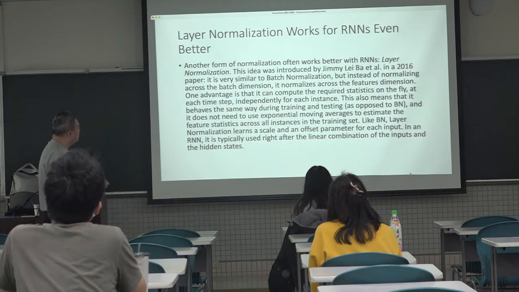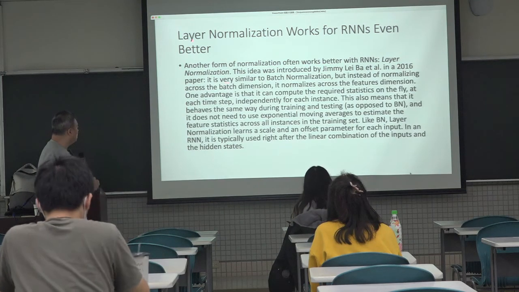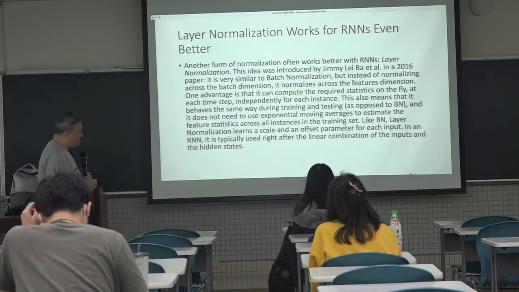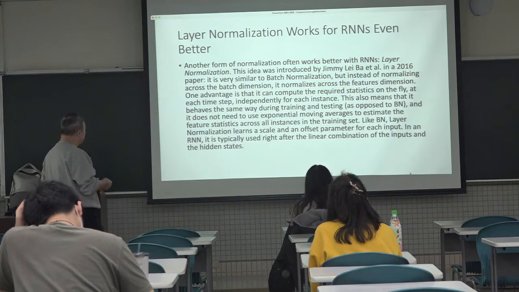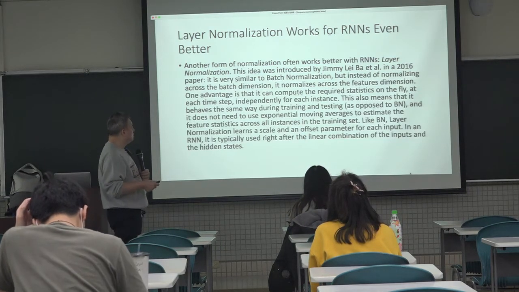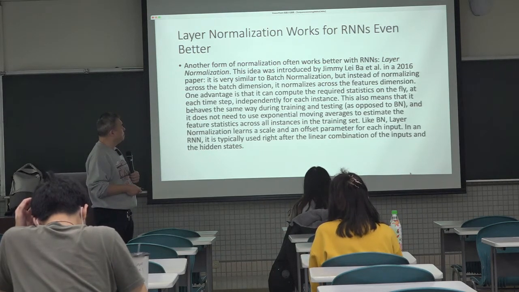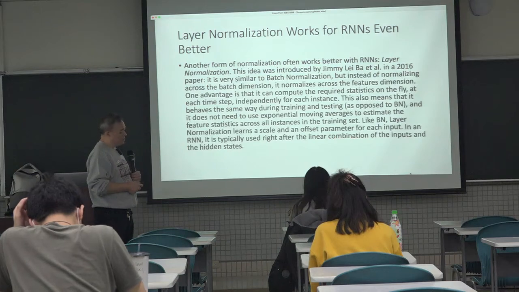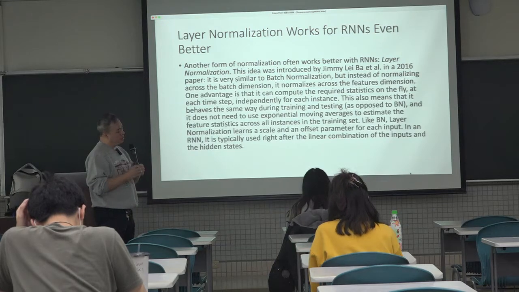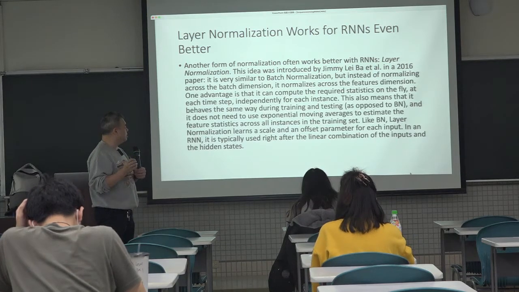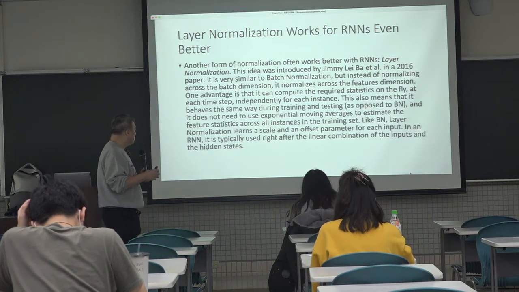On the other hand, layer normalization is an idea that was proposed by other researchers, and it turns out to be more helpful to make sure the gradient does not explode or vanish during training.